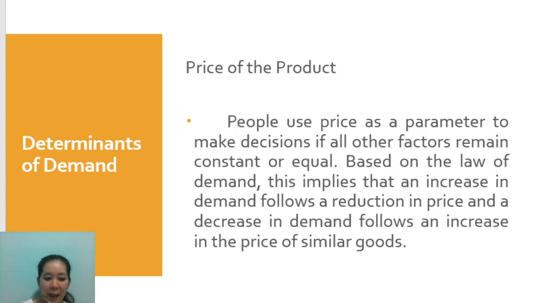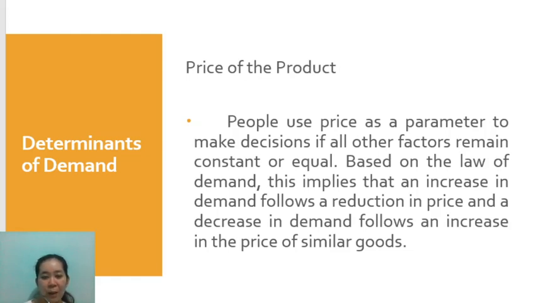So basically, the first thing that we normally refer to as the basis of the purchasing decision is the price. So again, based on the law of demand, this implies that an increase in demand follows a reduction in price, and a decrease in demand follows an increase in the price of similar goods.